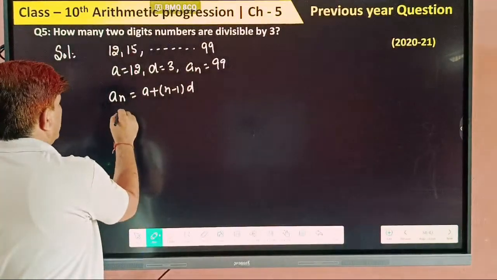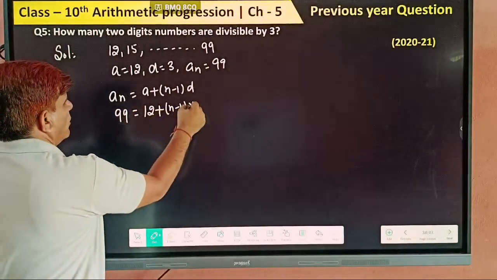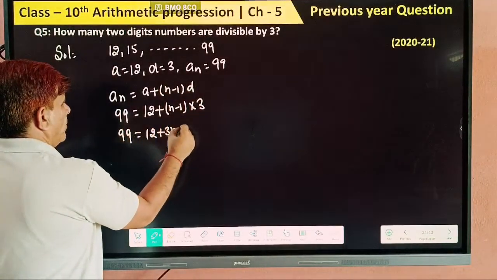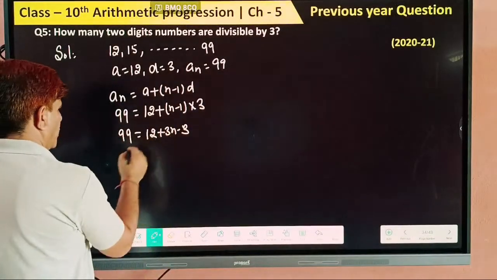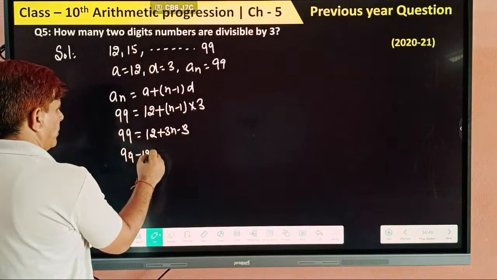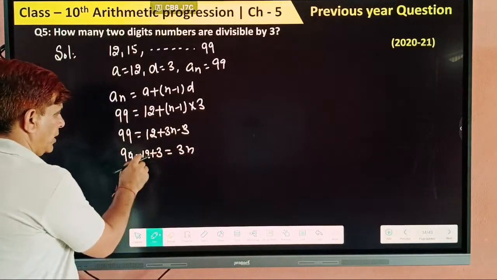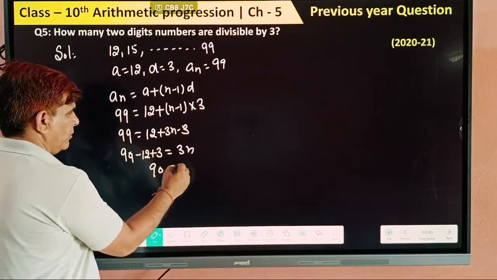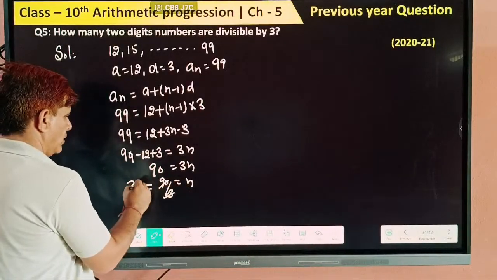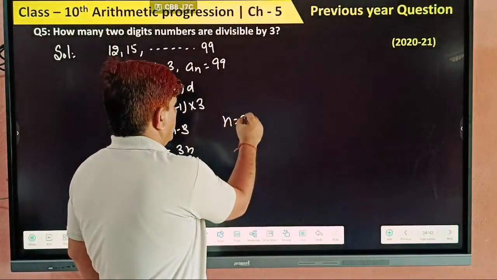Simple formula. 99 equal to 12 plus 3n minus 3. If you solve it, 99 minus 12 plus 3 is equal to 3n. 87 plus 3, how much? 90 equal to 3n. What's your n? 90 by 3, 30. So n equal to 30.